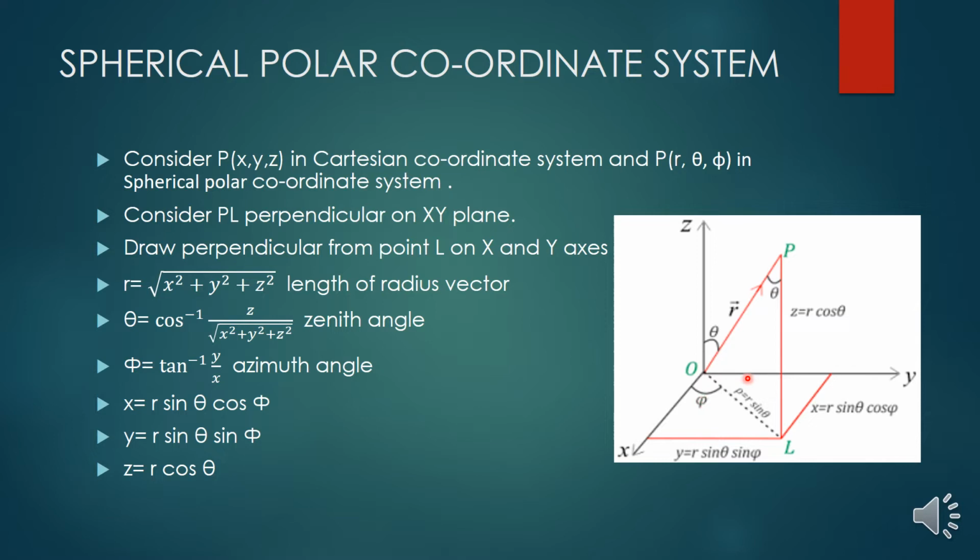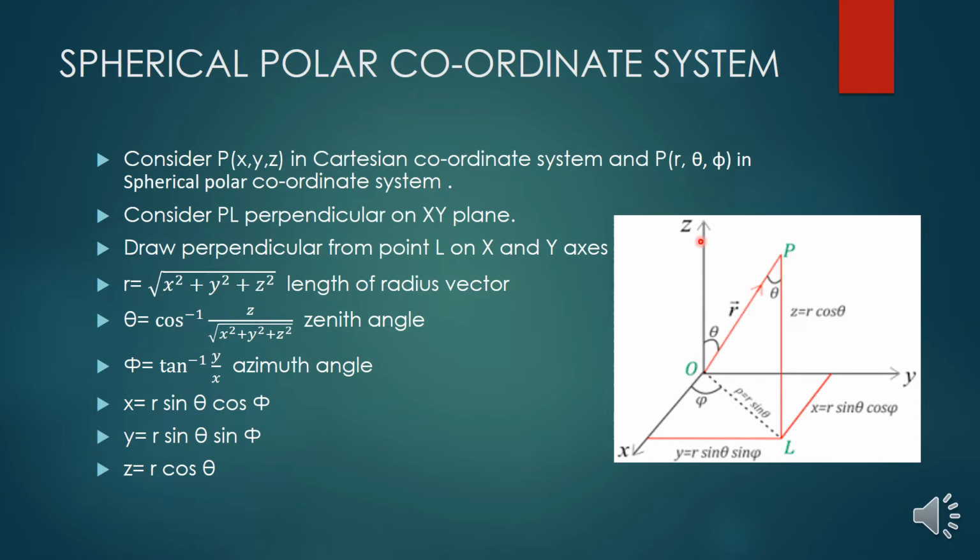First of all, the easiest one is the Z coordinate. You can see here that if you drop a perpendicular from point P on Z axis, then the distance between the foot of the perpendicular and origin O will be equal to Z.